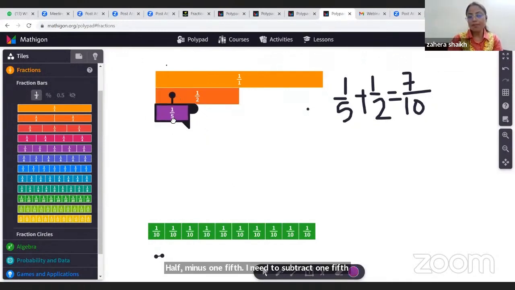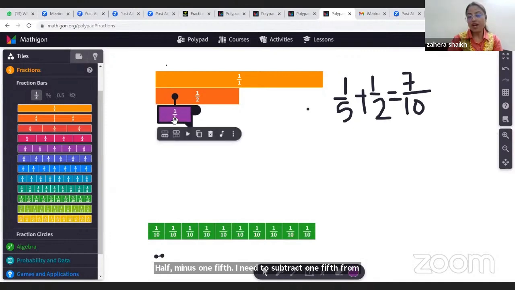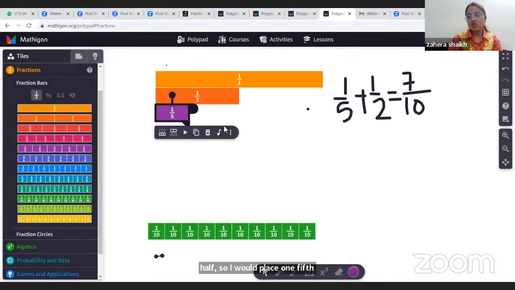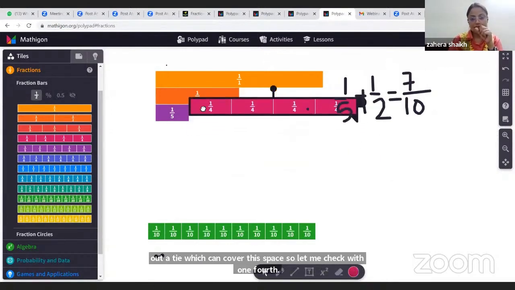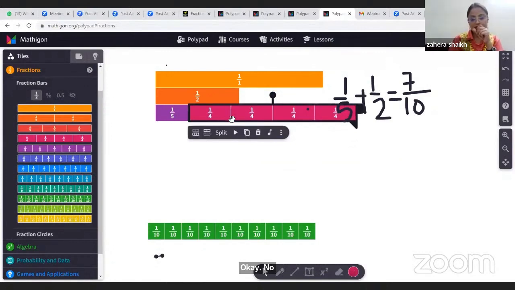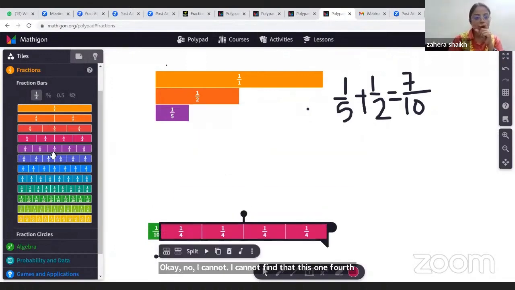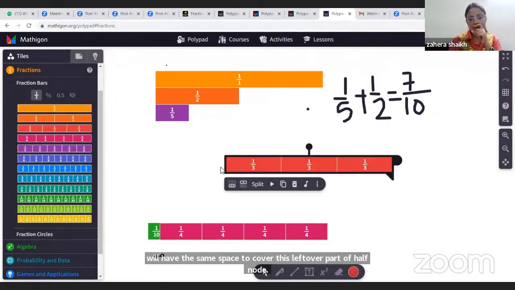So I would place 1/5 under this half. Whatever the leftover space is, I need to find a tile which can cover this space. So let me check with 1/4. Okay. No, I cannot find that this 1/4 will have the same space to cover this leftover part of half. No. So let me take 1/3.